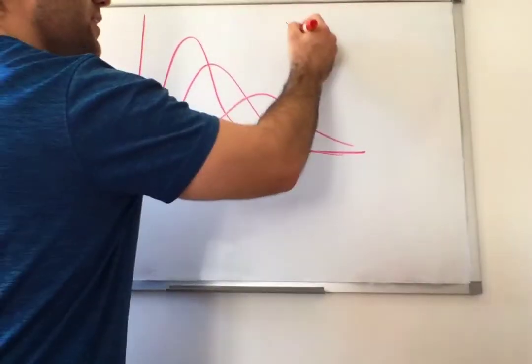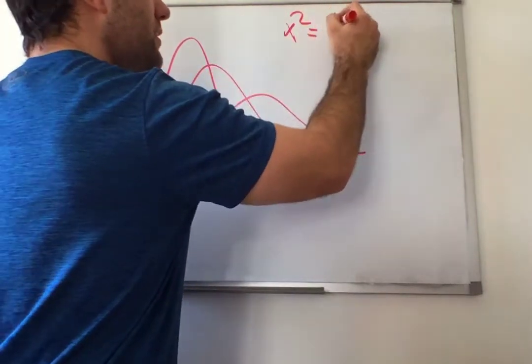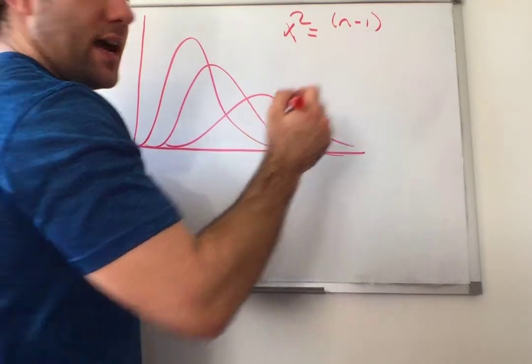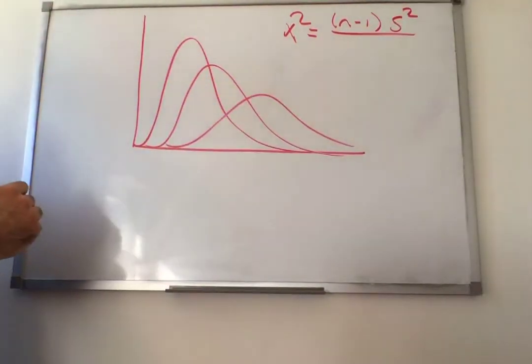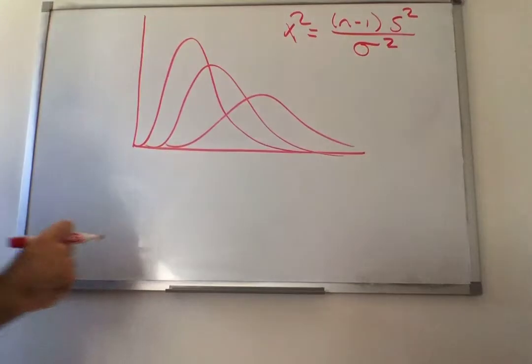That's because chi-squared is equal to, here's the formula, n minus 1, so the sample size minus 1, times the sample standard deviation squared, divided by the population standard deviation squared.